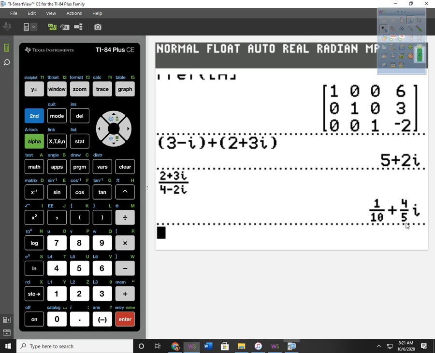And that's exactly what we got, correct? Now, if at any point you have the calculator that's thicker, just the TI-84 Plus C, not the Plus CE, the skinny ones, it won't let you do this.